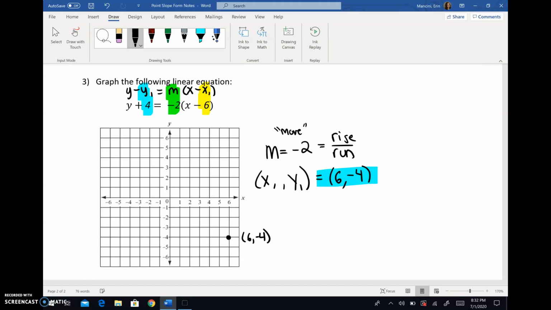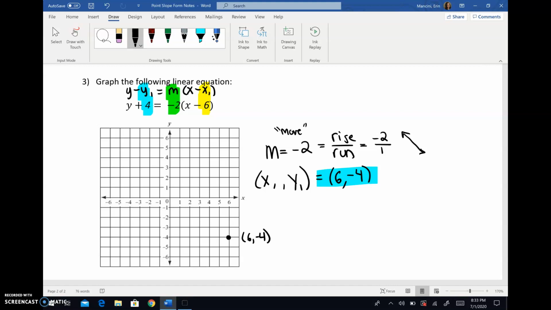It's a little bit different than plotting here and moving from there. Same concept though. You're just going to start at your point and rise and run from that point, which in this case, let's write as a fraction because that makes it easier. 2 is the same as 2 over 1. And you're going to go in the negative direction, which means your line should be decreasing, like you're skiing downhill on a mountain if you read that like a book.